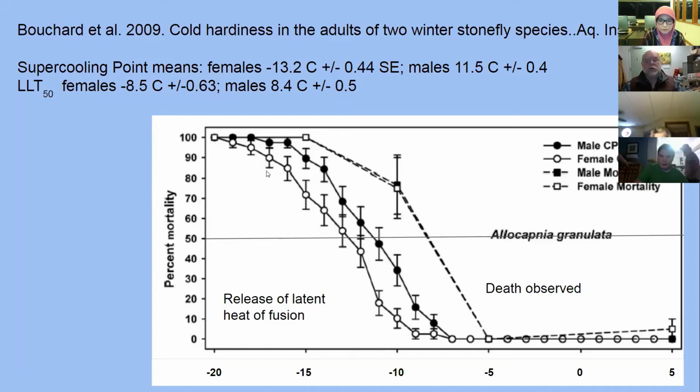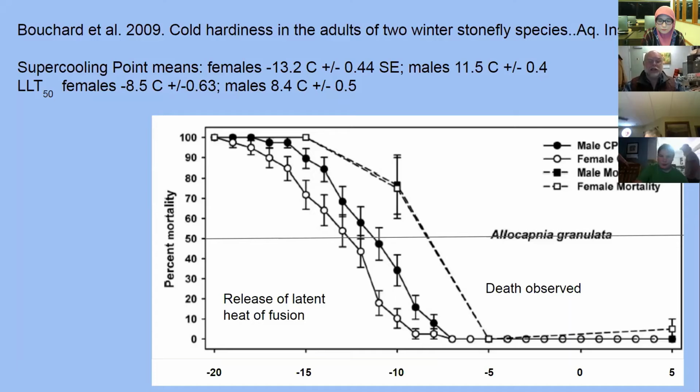Females are a little bit bigger bodied and they have maybe some protection from all of the apparatus for producing eggs, and maybe there's less overall water there as opposed to lipid content. But you see, at that point, they can't look in the vial and they can't tell whether that specimen is dead.